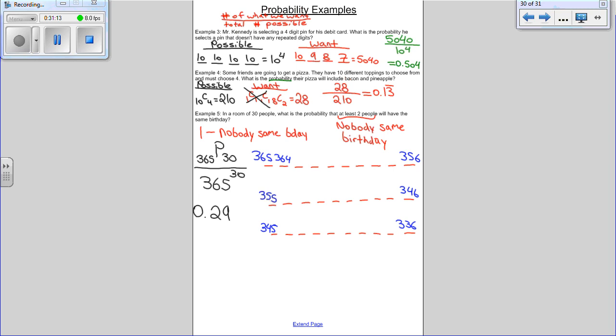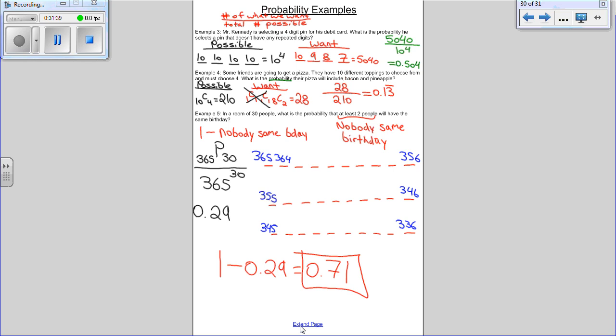You get 0.71 is the probability that at least 2 people would share a birthday in a room of 30. So anytime you're in a room of 30, there's a 70%, 71% chance, that at least 2 people have the same date of birth, which is kind of crazy because you wouldn't think that, would you? You think that's a rare situation, and it's actually not rare at all.